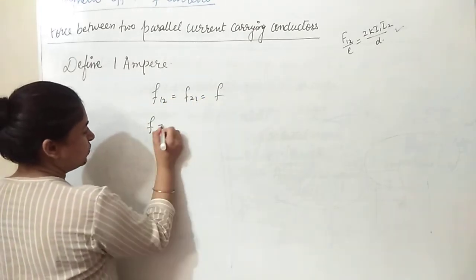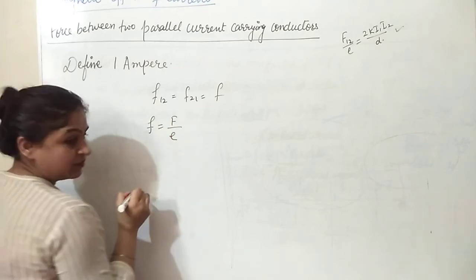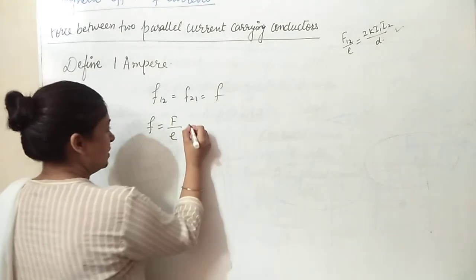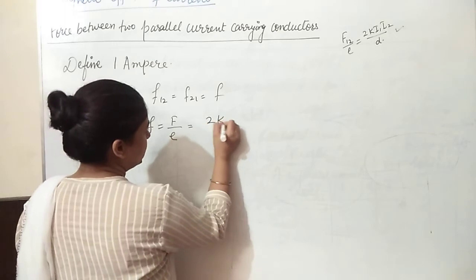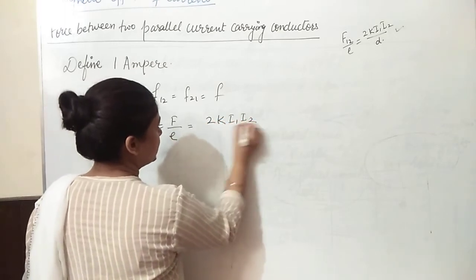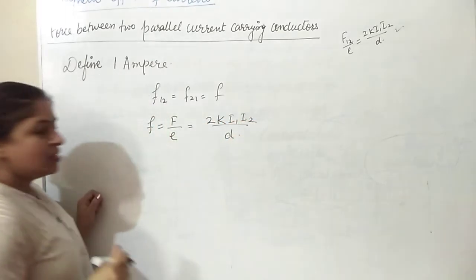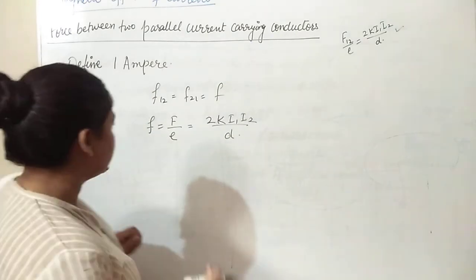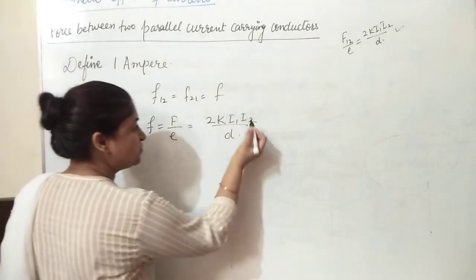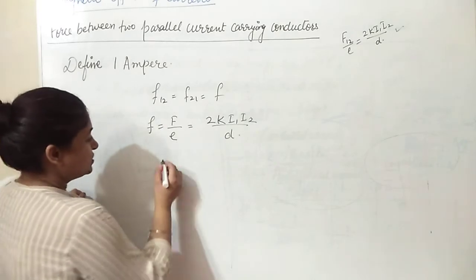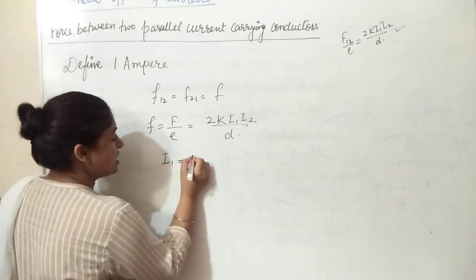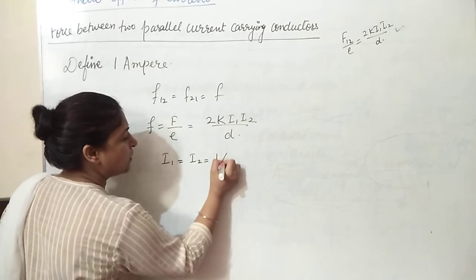F is the force per unit length. I am just writing the magnitude here: 2K I1 I2 over D. I am going to define 1 ampere, meaning these current units we are going to define. So I1 is equal to I2, which is 1 ampere.